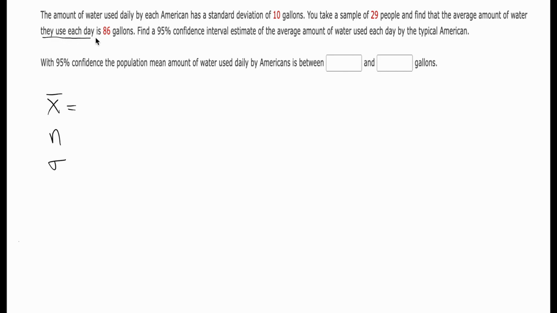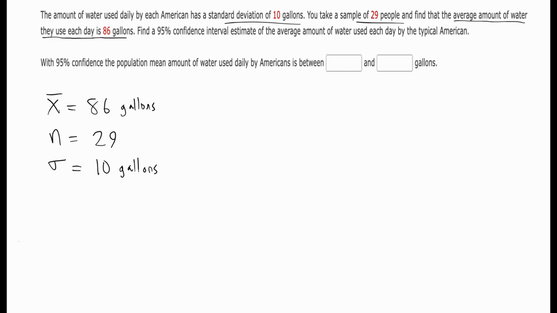The average amount of water that your sample uses, your 29 people use 86 gallons. N is going to be 29. That's the number of people that we sampled. The standard deviation is claimed to be 10 gallons for all Americans. So that is a population standard deviation that they're talking about. So that's sigma.